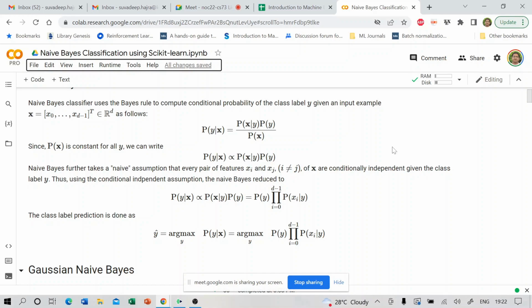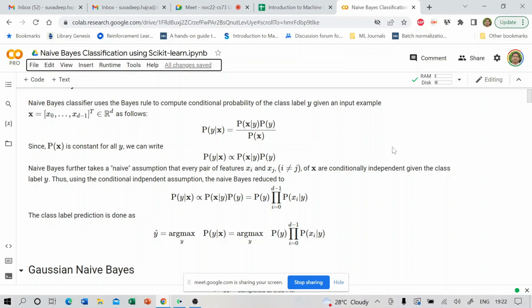For example, if you know that x is real valued, then you can model the probability of xi given y using a distribution which supports real numbers, like the normal or Gaussian distribution, and in that case the naive Bayes classifier is called Gaussian naive Bayes.